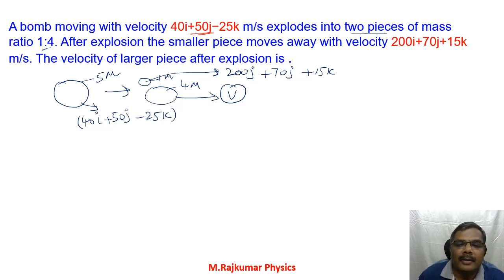So here we can use the law of conservation of momentum, before explosion and after explosion. The system's momentum before and after the explosion are equal. What is the velocity of the bomb before explosion?